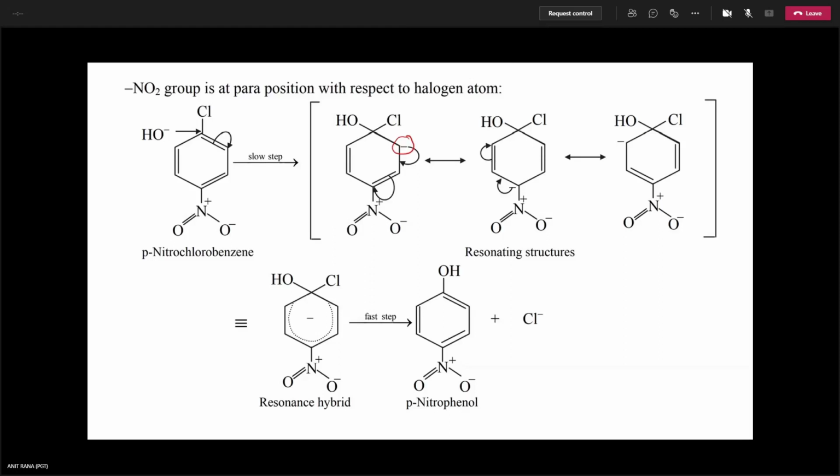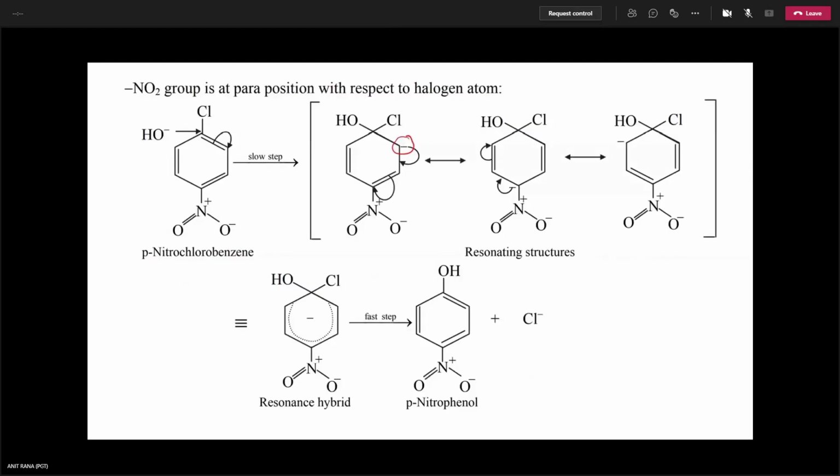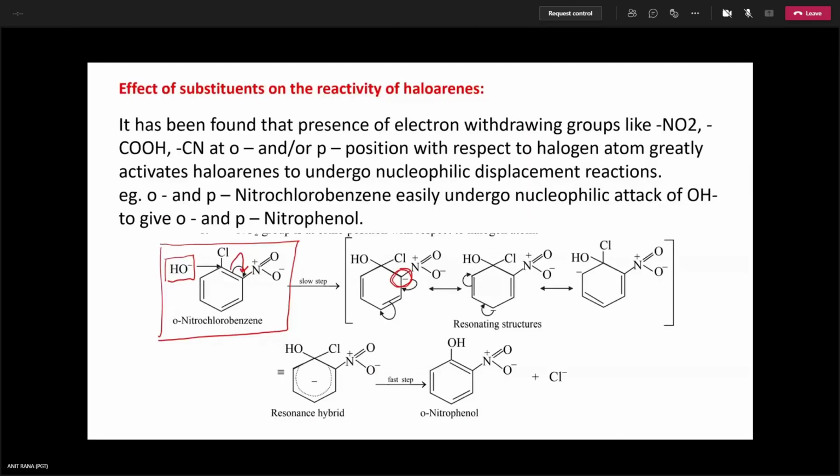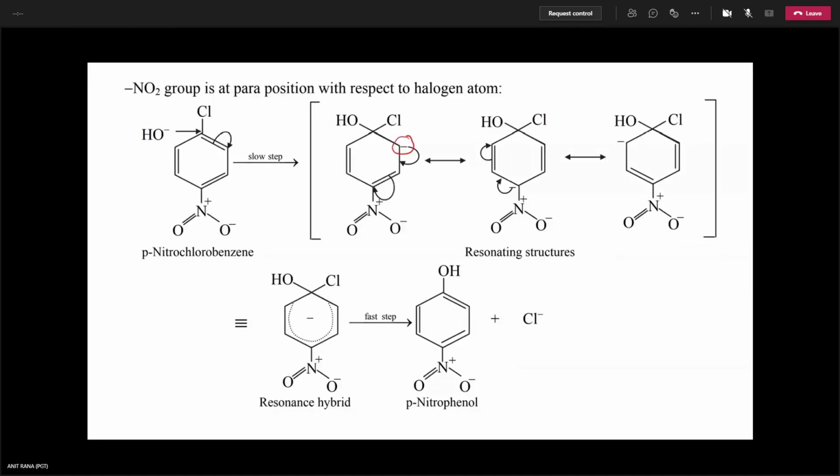You need to practice this. This is a very important ortho and para-nitrochlorobenzene substitution mechanism. Okay, sir, so please upload notes. No, that will be uploaded, but you should know how the reaction is taking place. So the NO2 is only for withdrawing the electrons from the pi bond, right? Yes. Okay.